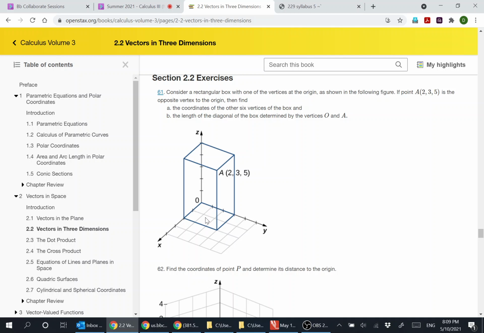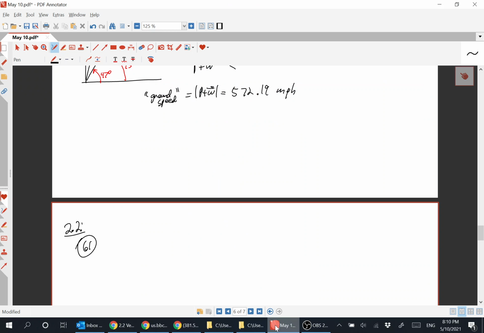Find the coordinates of all these points on the box and the length of the diagonal of that box, right? So let's give that a quick draw.